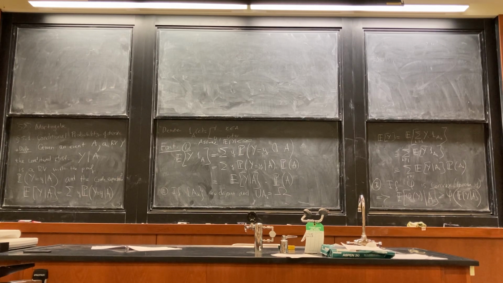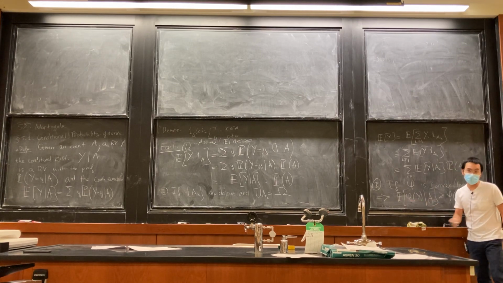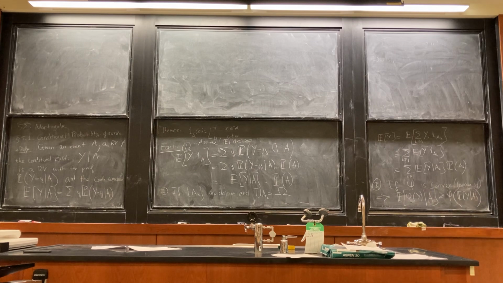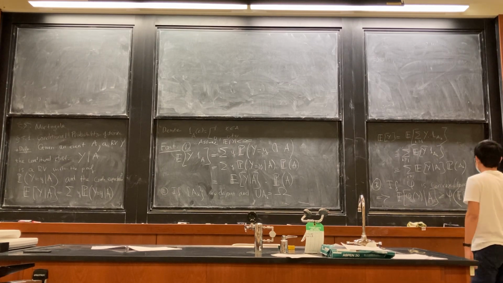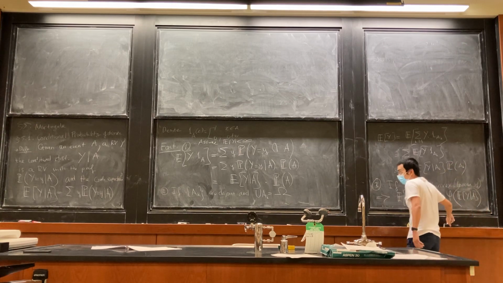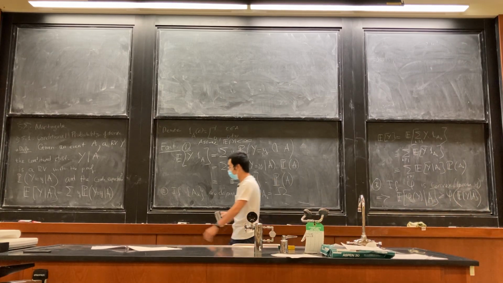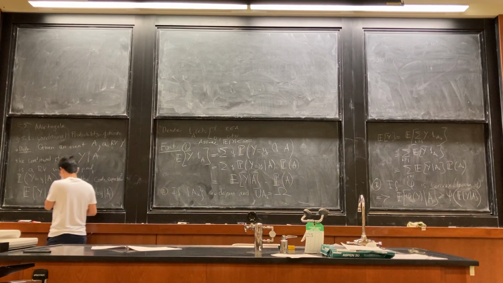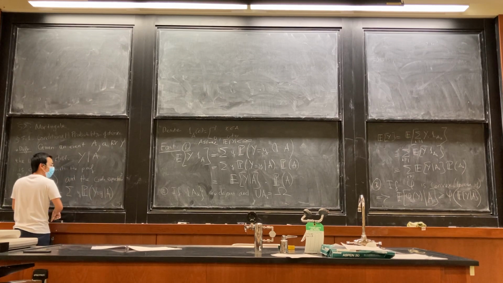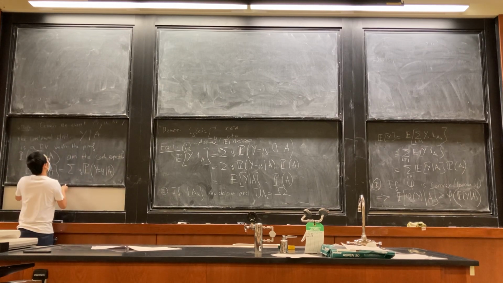So, for instance, think about phi being, say, a square. Alright, so these are just the facts that I am trying to recall, just in case.